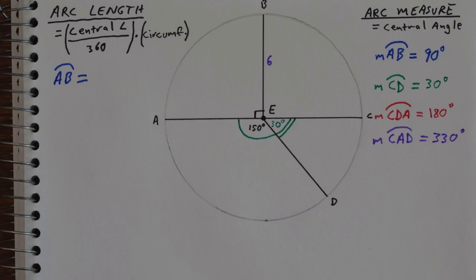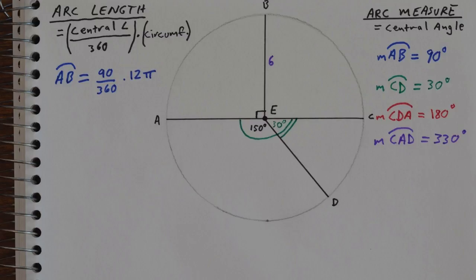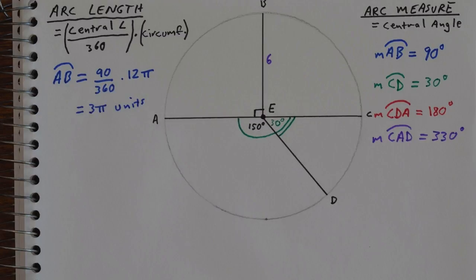And now I'm going to ask you for the arc length of AB. You'll notice on the right side we've got a little m out front. That stands for measure of the arc. On the left side we don't have that m. That indicates that we're measuring arc length. So arc length of AB is central angle over 360 times the circumference. So we would have an arc length of 3 pi units.